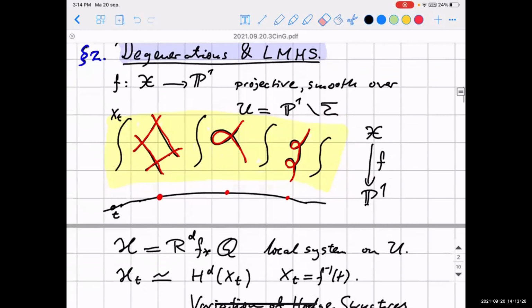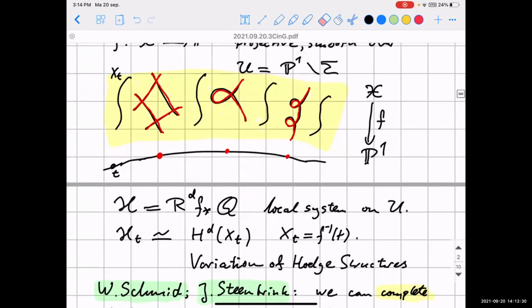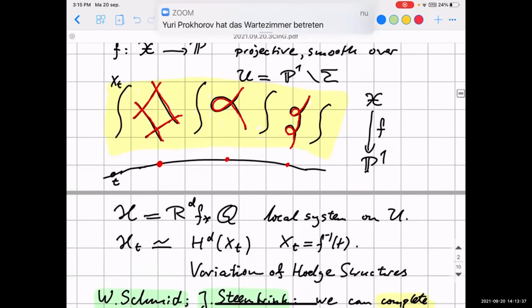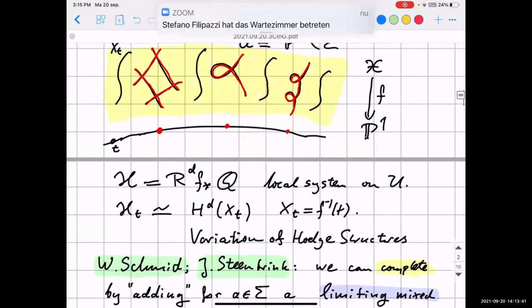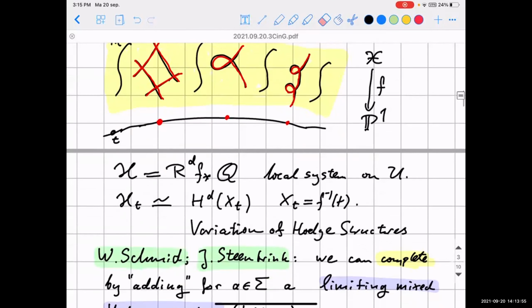And then we first can form the local system of cohomologies on the open part, U, where the map is smooth. And then, of course, the fiber of the local system, H_t, is just the D-th cohomology of the variety. And if you vary the parameter t over the line, you get what is called a variation of Hodge structures.